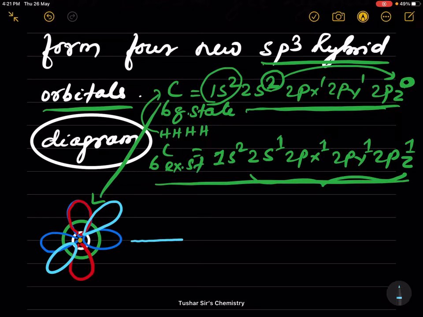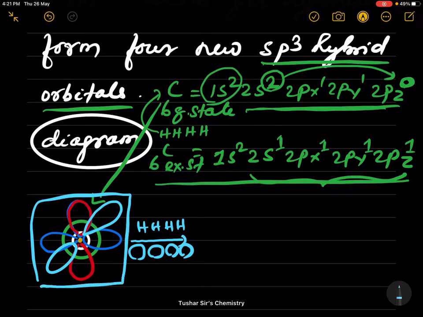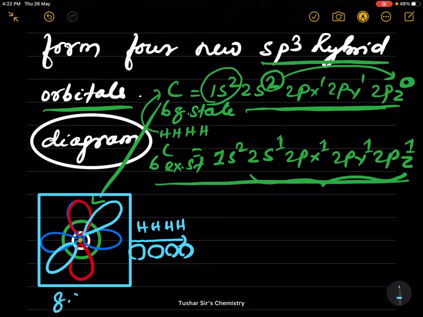In the presence of four H atoms, means four 1s orbitals, this carbon gets excited. This is the ground state.